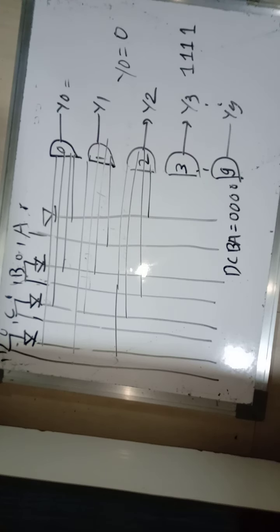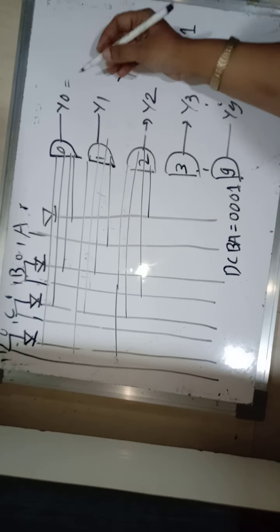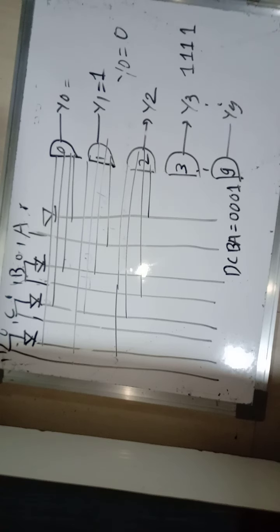Okay, so when your BCD input, that is DCBA, is equal to 0 0 0 1, then the second AND gate will be enabled and it will produce the output Y1 equal to 1.